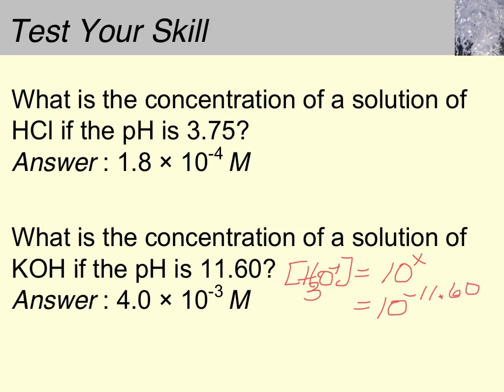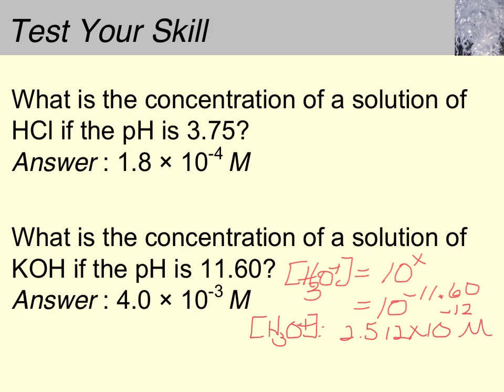And when you do that, you get that the hydronium ion concentration is 2.512 times 10 to the minus 12 molarity.